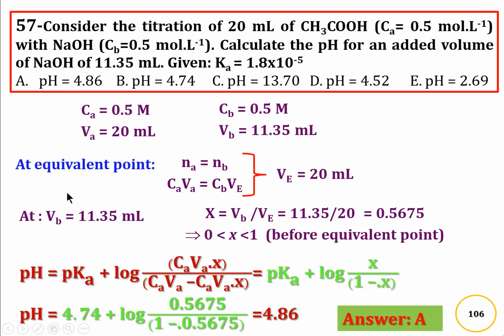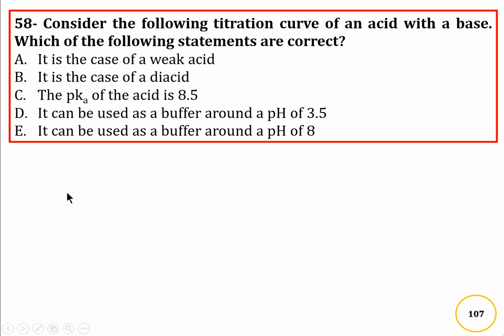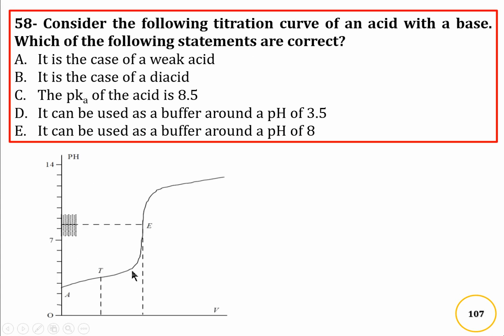We pass to the last exercise in this session of part 7. Exercise 58. Consider the following titration curve of an acid with a base. Which of the following statements is or are correct? So this is the titration curve.